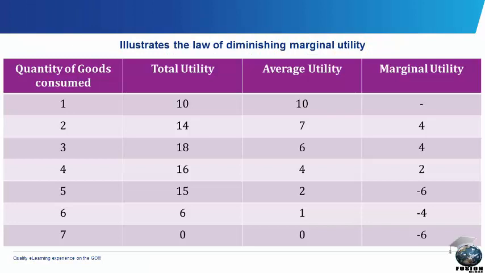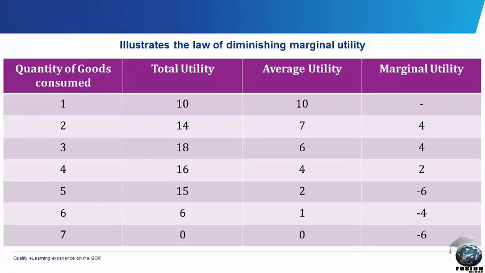The table below illustrates the law of diminishing marginal utility. Under it, we have the quantity of goods consumed, total utility, average utility, and the marginal utility. The total utility is gotten by multiplying the average utility times the quantity consumed.